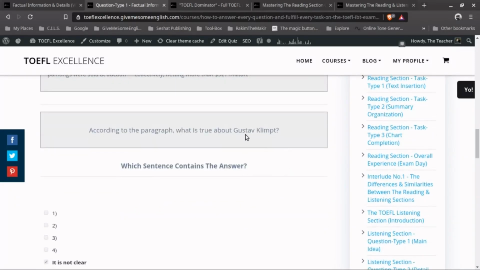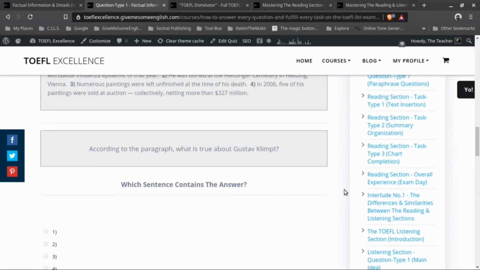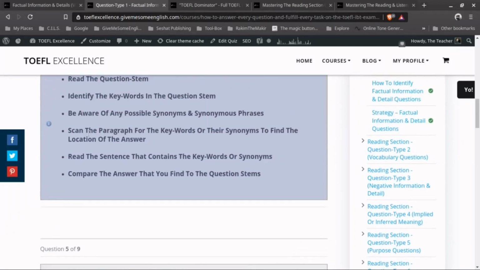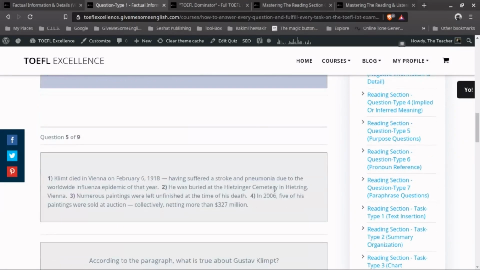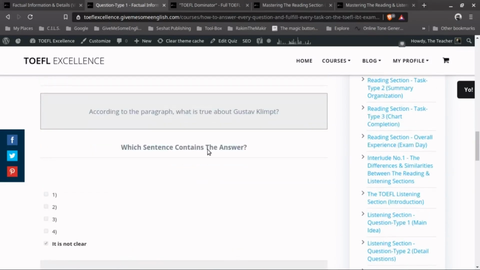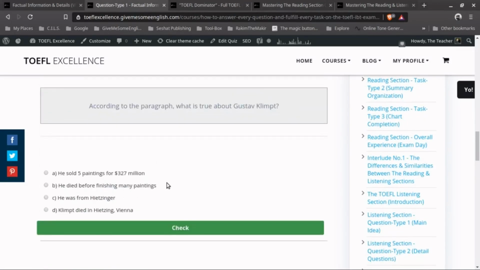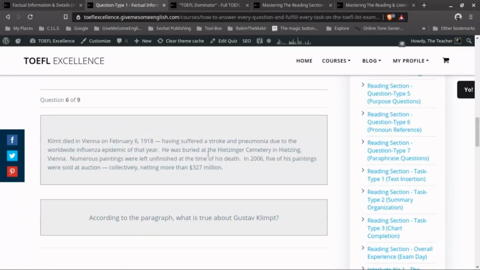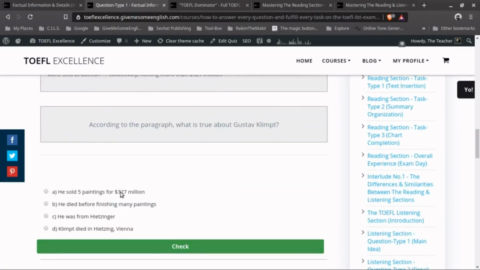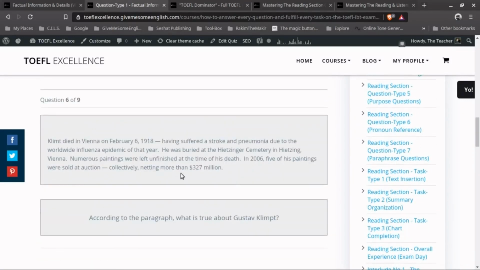So if you see a question that says what is true about, you can skip the second strategy of just trying to find the location of the correct answer up here. For this situation, you'll have to skip to looking at the actual answer choices and matching them up with the location here. Luckily, with numbers, they're really easy to spot.